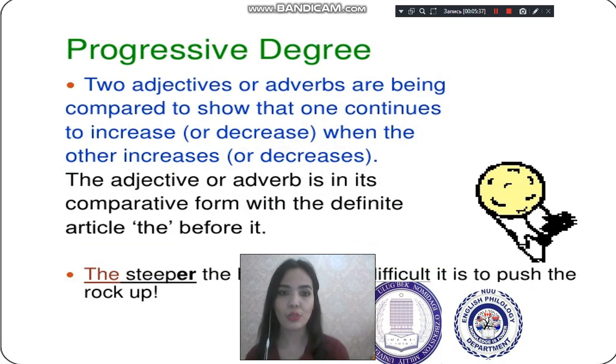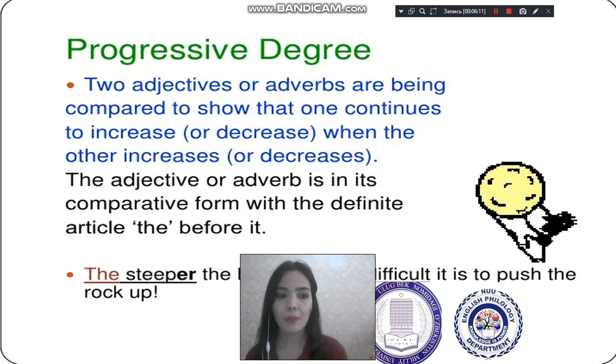Progressive degree. The two adjectives or adverbs are being compared to show that one continues to increase or decrease when the other increases or decreases. The adjective or adverb is in its comparative form with the definite article the. When we are comparing two increasing or decreasing quality, for example, the steeper the hill, the more difficult it is to push the rock up.